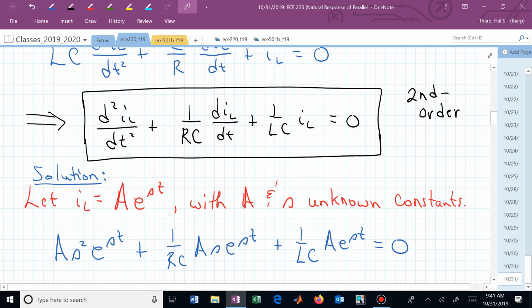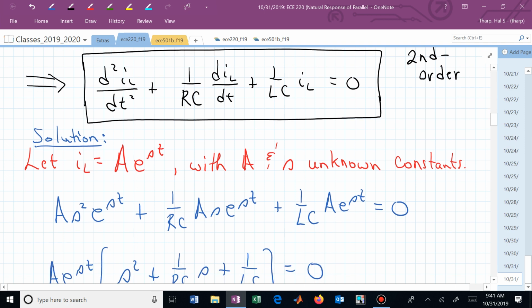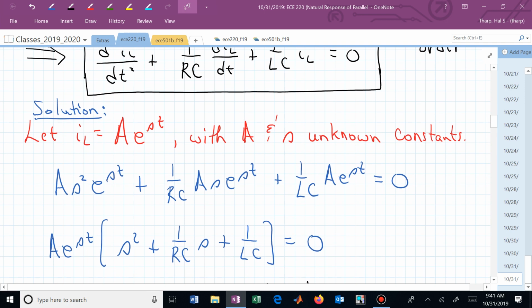Using those derivatives on I sub L allows us to rewrite that second order differential equation in terms of our suggested solution, A e to the st. Those three terms share a common term, A e to the st. We can factor that out, and everything still has to equal 0.